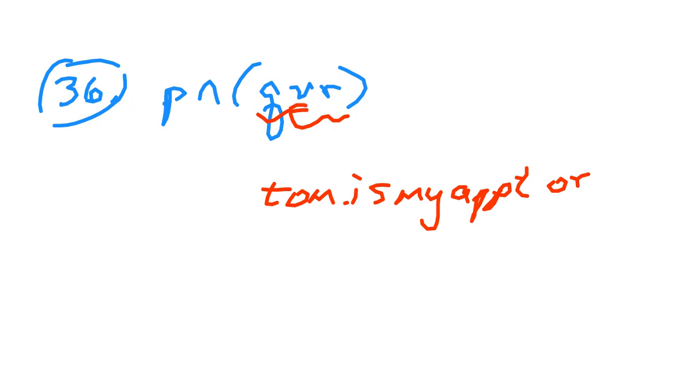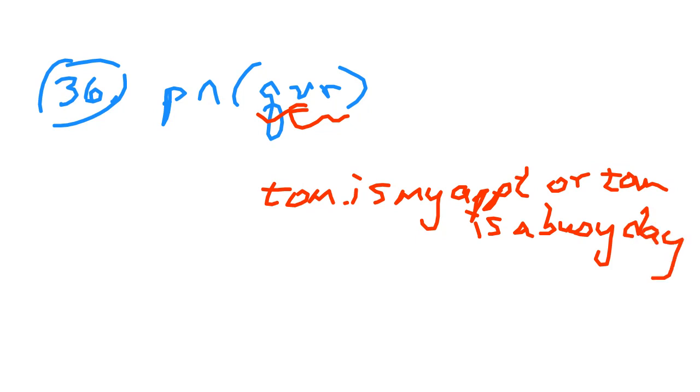I got an or symbol there, conjunction. Or tomorrow is a busy day. Okay, so that is in the red here. So I'm doing that first. So really, it's like I have parentheses around this here.